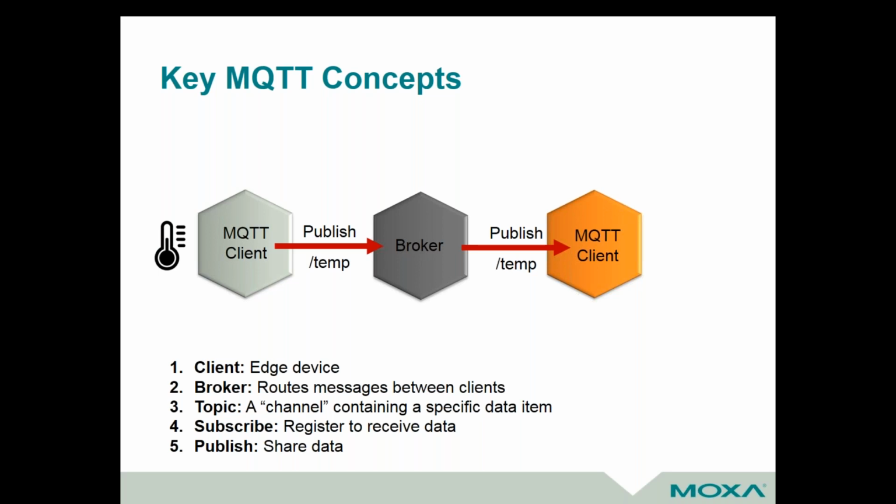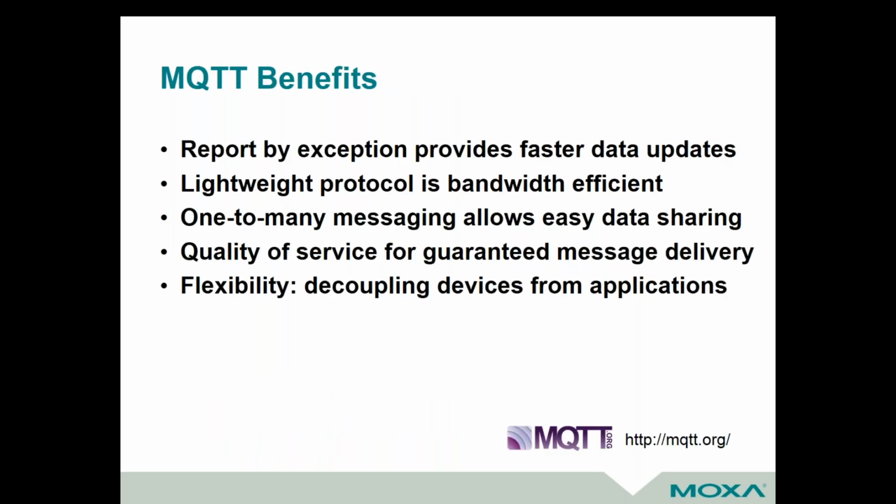And there's a lot of really interesting benefits to this when we look at how that works in an overall system. So just to summarize a few and give you just a little bit of insight into why there's so much talk about MQTT and why so many people are excited about it. Report by exception means that you're going to send data when it changes and not just poll stale data.